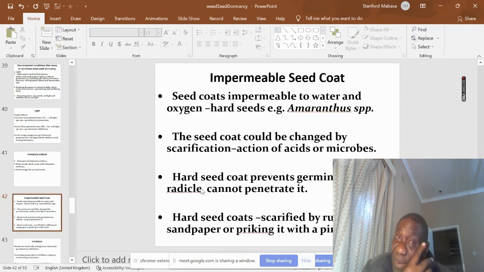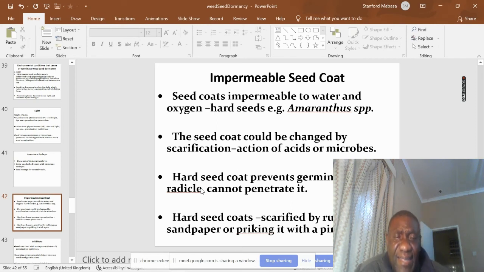We talked about the impermeable seed coat. Seed coats may be impermeable to water and oxygen. These are hard seeds which are found in Amaranthus species. The seed coat could be changed by scarification, action of acids or microbes.